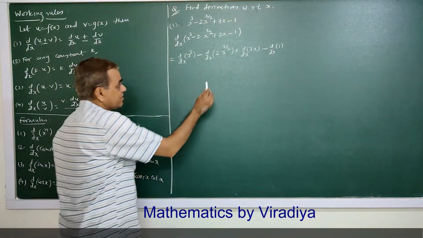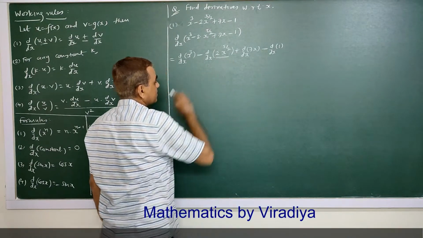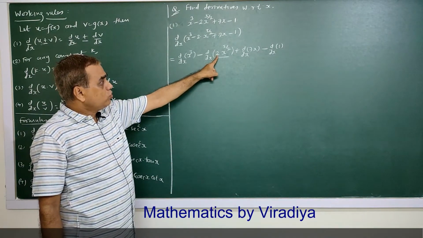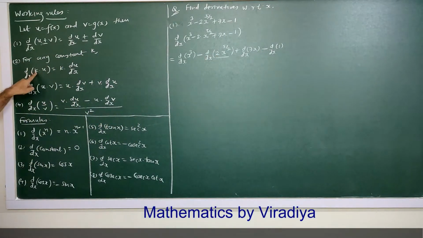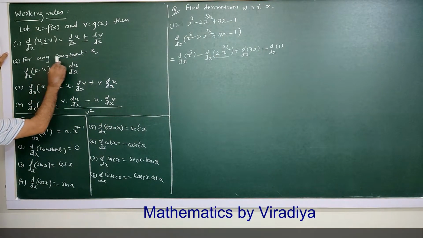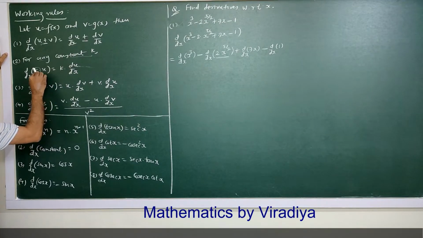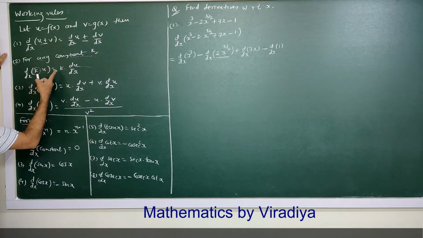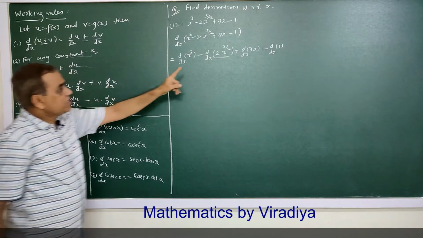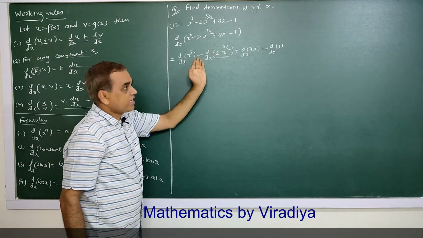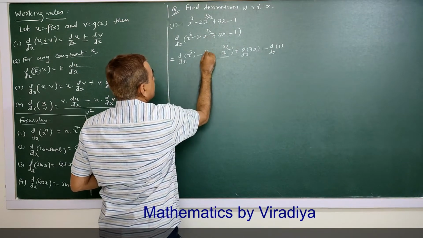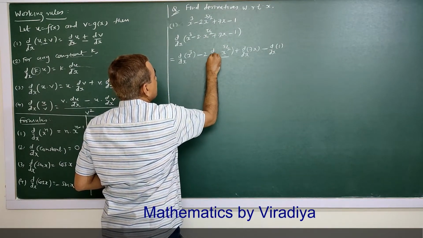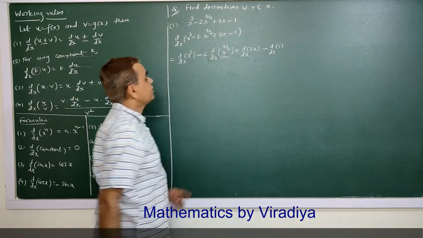Now look here. 2 is like k. When any constant is given, then we take it outside. So this 2 will come outside. So taking 2 outside, here we should put 2 into d by dx of x raised to 5 by 2.